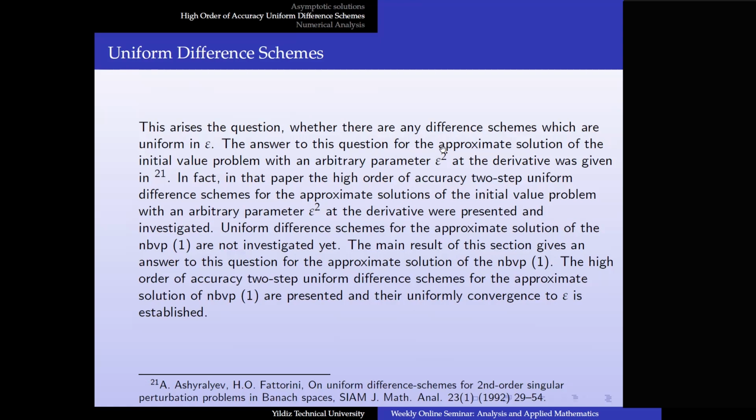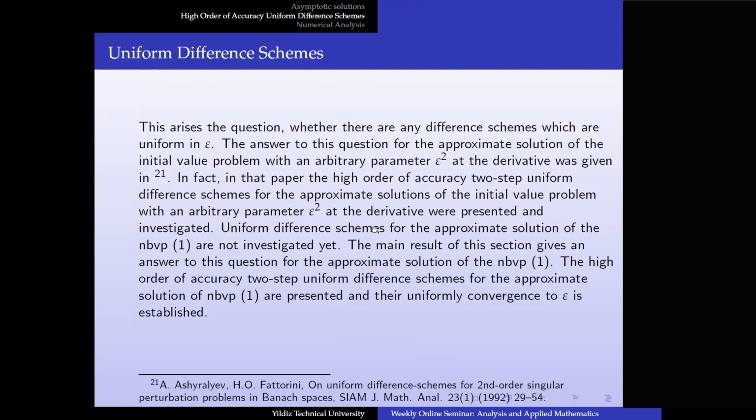The answer to this question for the approximate solution of the initial value problem with an arbitrary parameter epsilon square at the derivatives was given in 25. We refer to Ashralif and Fattorini, their publication in SIAM in 1992. In fact, in that paper, the high order of accuracy two-step uniform difference schemes for the approximate solution of the initial value problem with an arbitrary parameter at the derivative were presented and investigated.